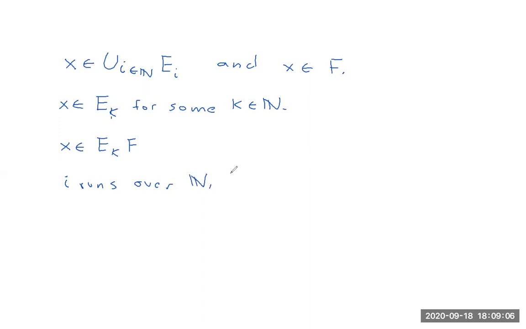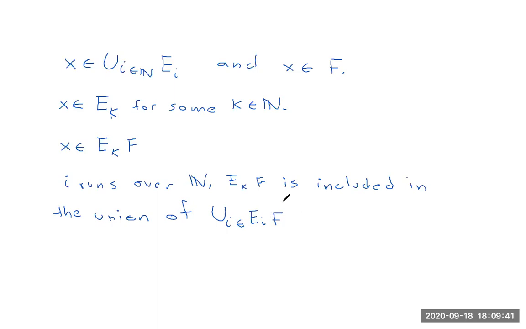And we also know that E_k intersect F is included in the union, because E_k intersect F is included in the subscript i, because i is a natural number and k is a natural number.